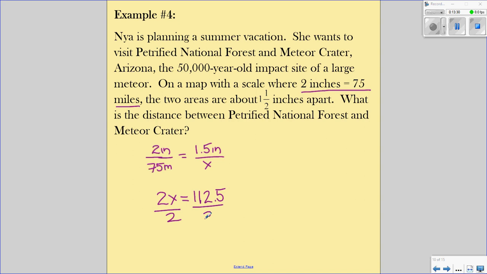Divide by 2, and then you get your x to be 56.25 miles, or you can have it as a fraction.